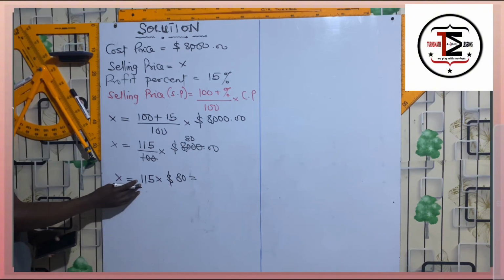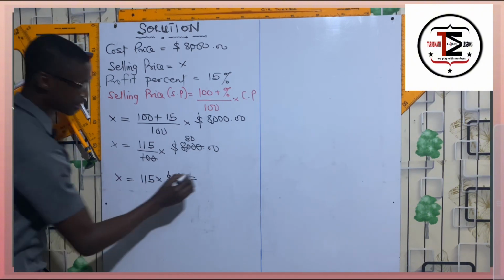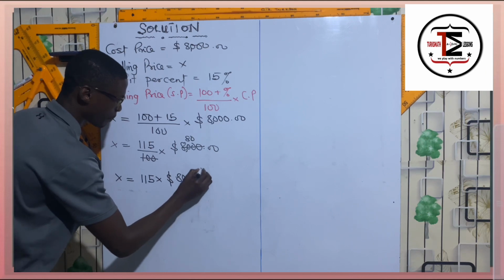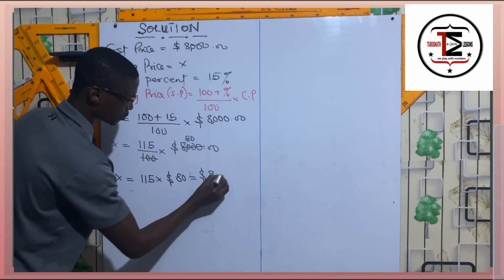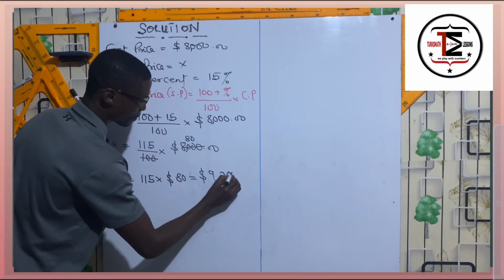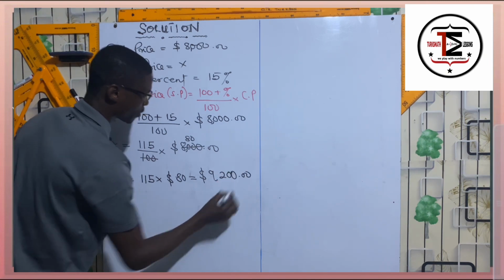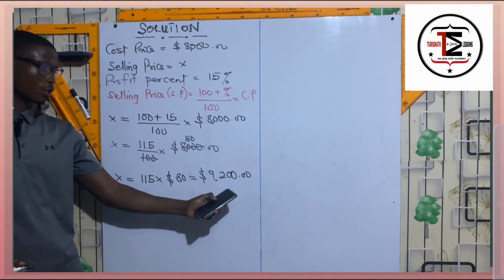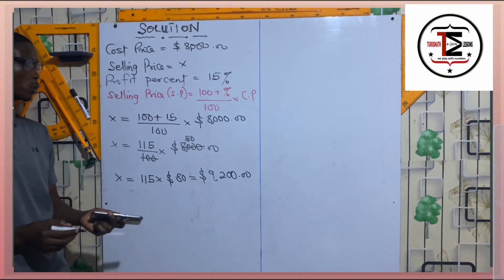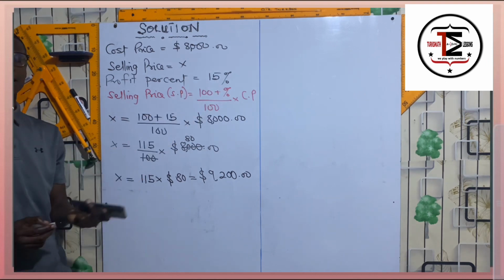So 115 times $80 will give us $9,200. So this is the amount at which he sold the car and made a profit of 15%.